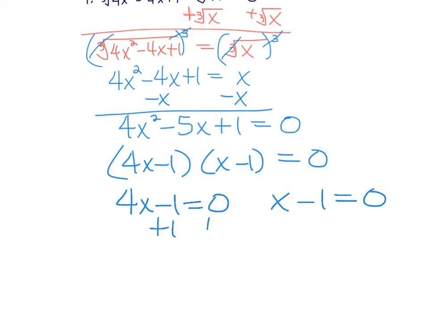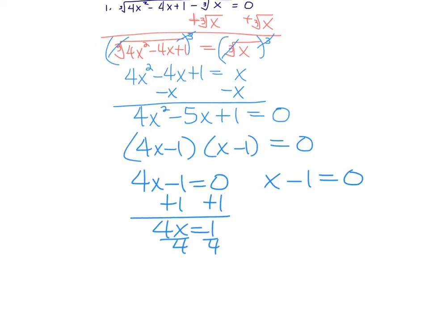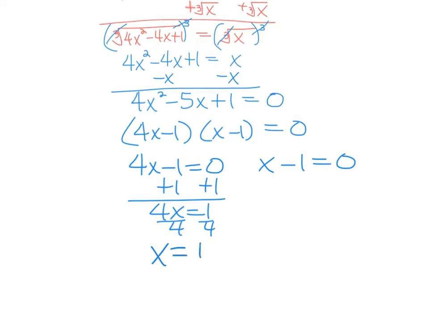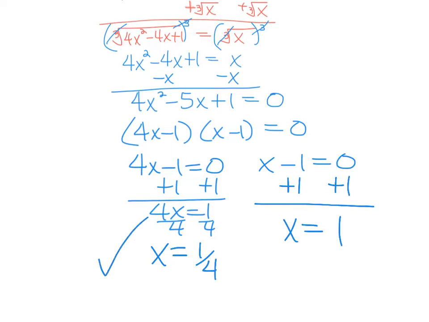Going to add 1. 4x equals 1. Divide by 4, and I get x equals 1/4. Over here, let me finish up this one, and I get x equals 1. Notice none of them are negative. You should check them, but they will both check out.